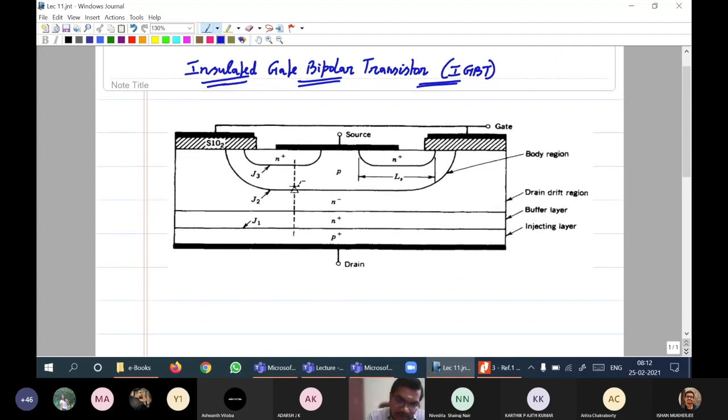Now you need to remember that the IGBT combines the advantages of, this is again another key term to identify the device, the best of both worlds. The IGBT combines the advantages of power BJT and power MOSFET, so I will write it as BJT and MOSFET.